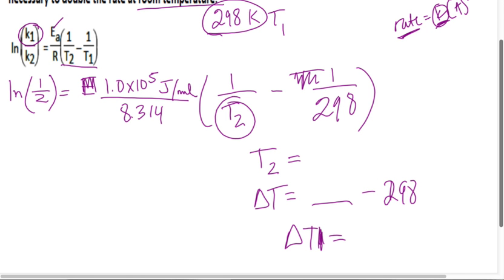Anybody get one? I know the answer. Yep, 303 K. So T2 came out to be 303. So this is a 5-degree difference. When we change the temperature by 5 degrees, this doubled the reaction rate.